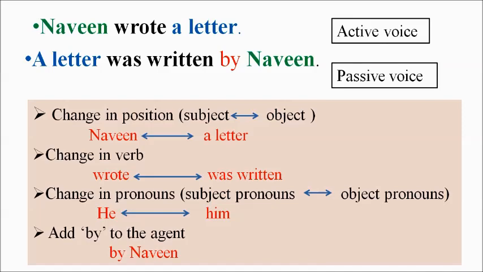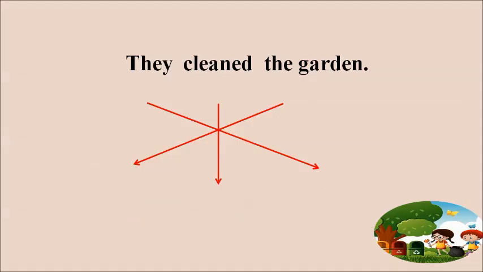Change in position, change in verb, change in pronouns, add by to the agent. Look at this sentence, children. They cleaned the garden. Can you turn it into passive voice? First, change the place.